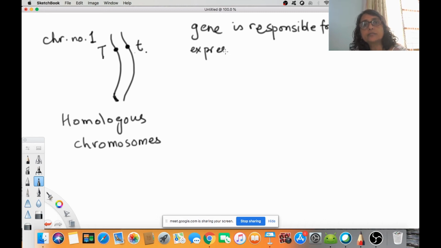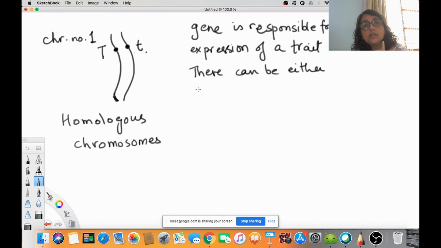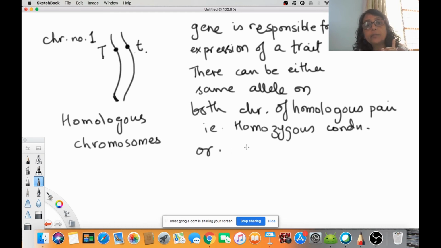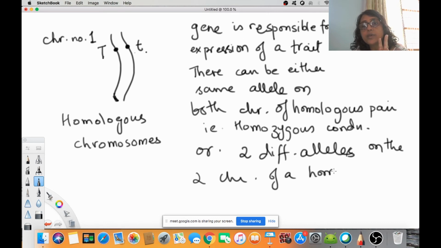So when we have this plant, we have got a capital T here and a small t here, because a gene is responsible for expression of a trait or a character. There can be either the same allele on both chromosomes of the homologous pair, that is homozygous condition, or there may be two different alleles on the two chromosomes of a homologous pair.